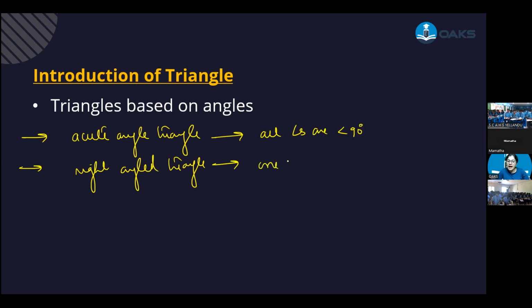Here, one angle is equal to 90 degrees. And the last one is the obtuse angle triangle.